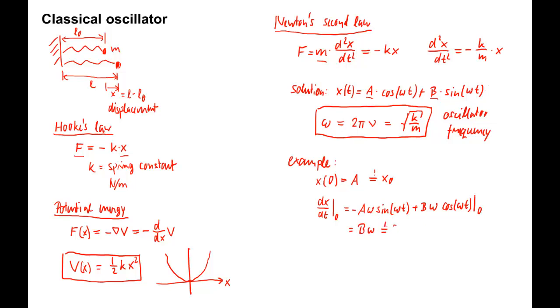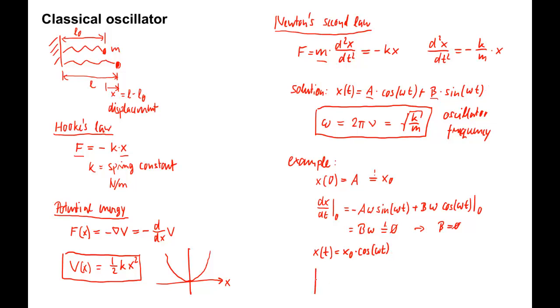That has to be 0. Well, from this follows that B equals 0. So the solution for these initial conditions is x of t equals x0 times cosine of omega t.